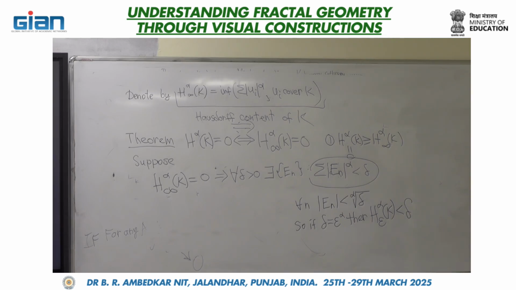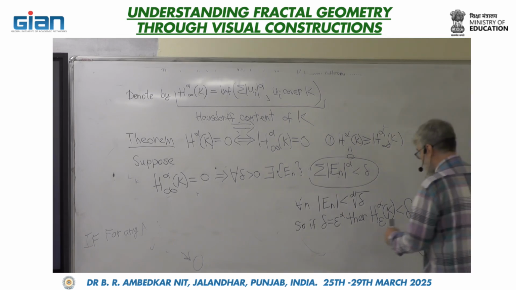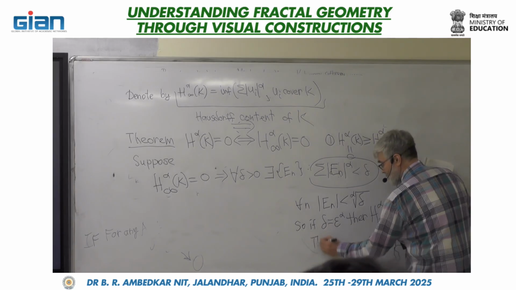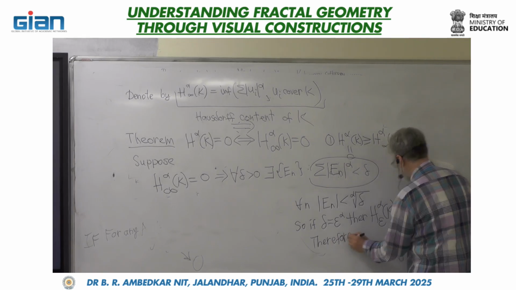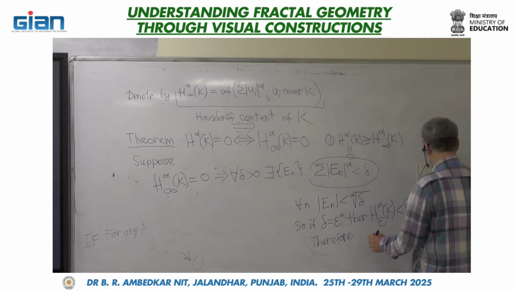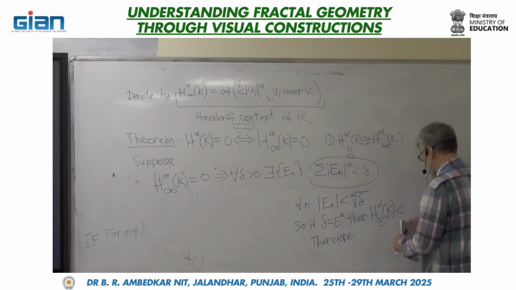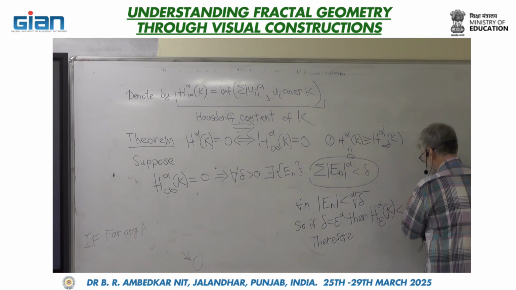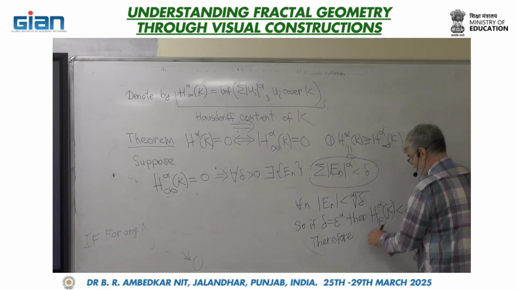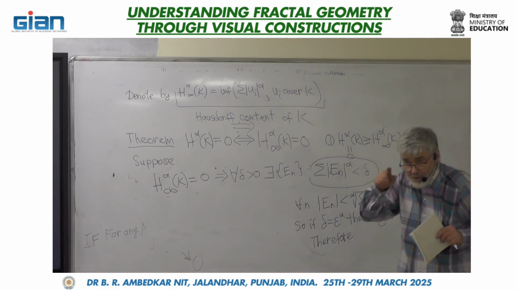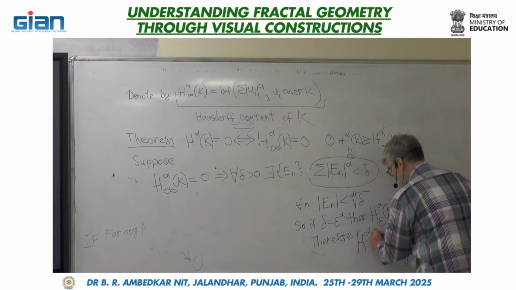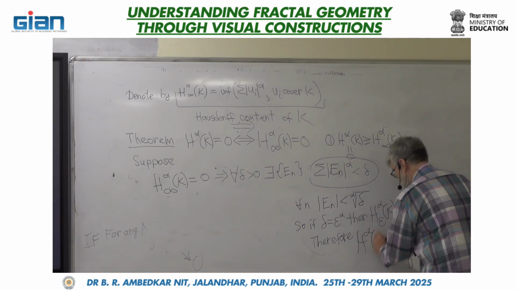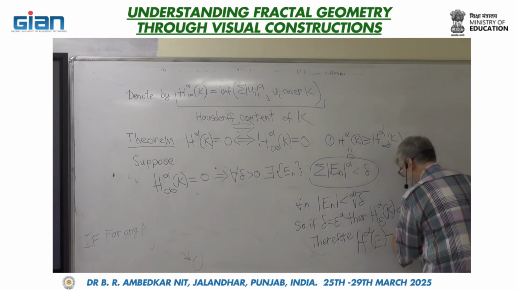Therefore, if we tend epsilon to 0, we get that H alpha of K equals 0.